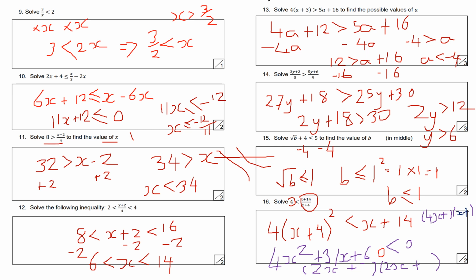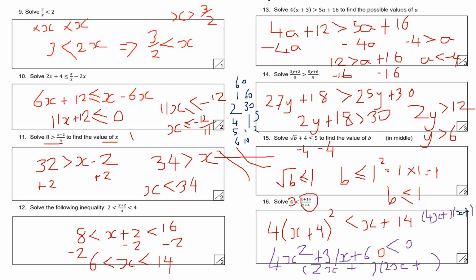So 60 would be 1 and 60, 2 and 30, 4 and 15, 5 and 12, 6 and 10. 7 doesn't go into it, 8 doesn't go into it, 9 doesn't go into it, so there might be my only factors.